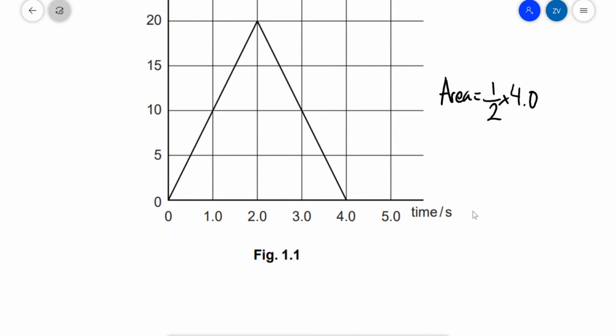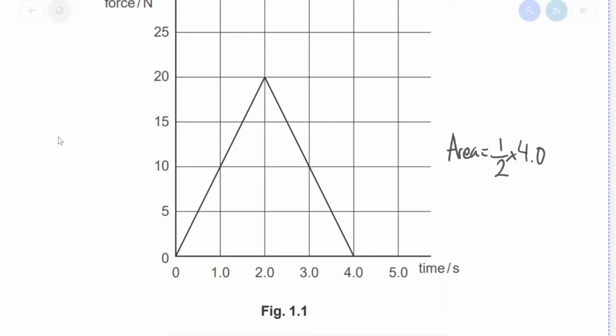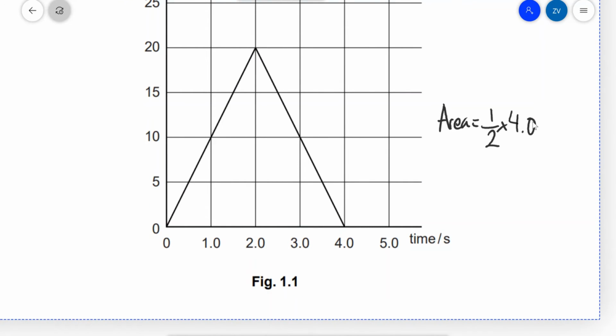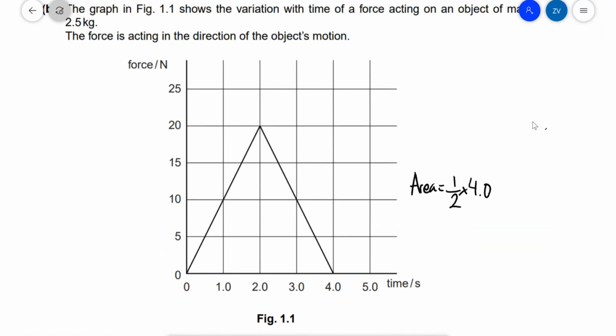However, in this case, they're fine in seconds. And additionally, on the y-axis, we have newtons. So our area will be a half times 4 times 20, and if we multiply those numbers out, we are going to get 40 newton seconds.